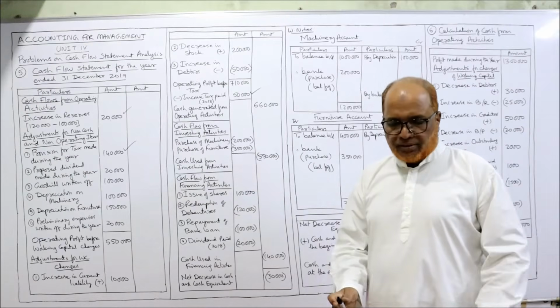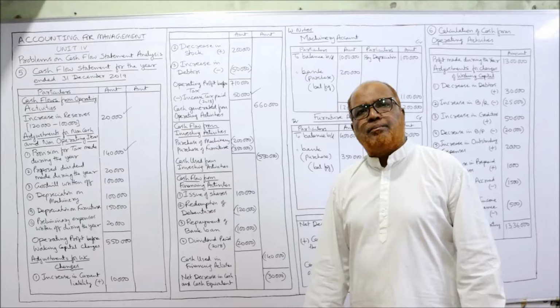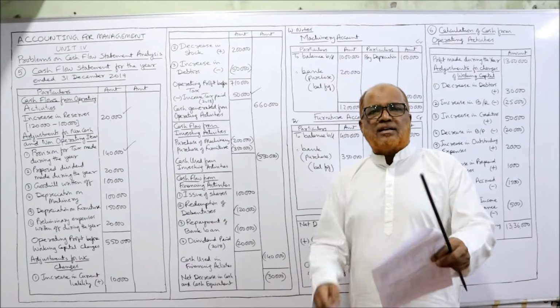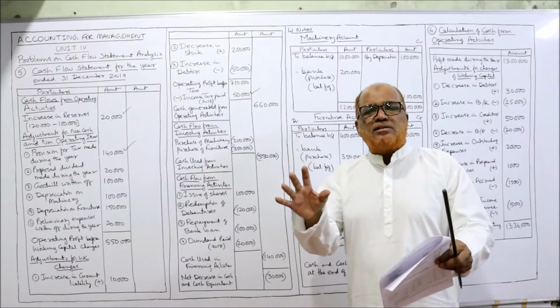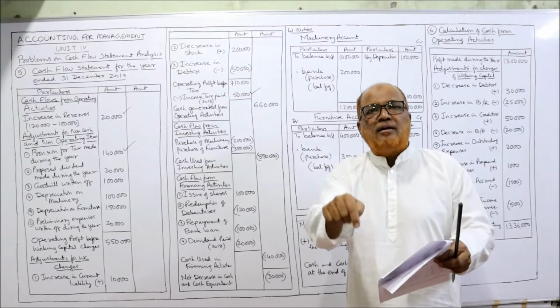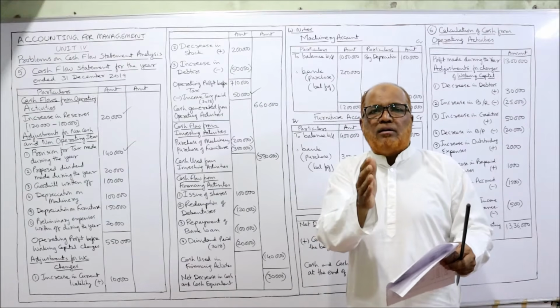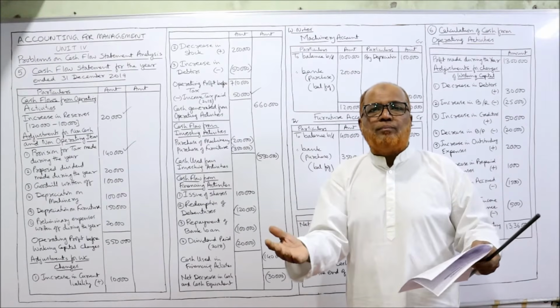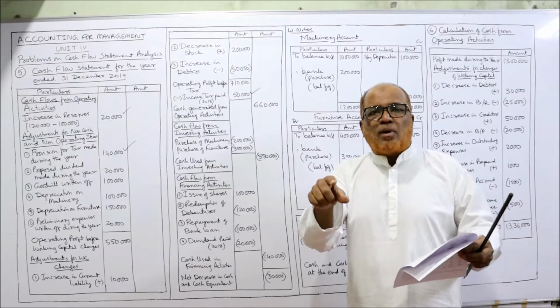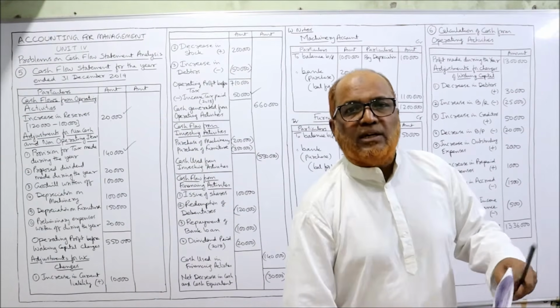Next, proposed dividend. Provision for dividend or proposed dividend means same. Again, nothing is given in adjustment. So our assumption is last year's provision for dividend is paid during the current year, and current year's provision for dividend is a non-cash item. So current year's provision for taxation should be taken under non-cash, that is 20,000.